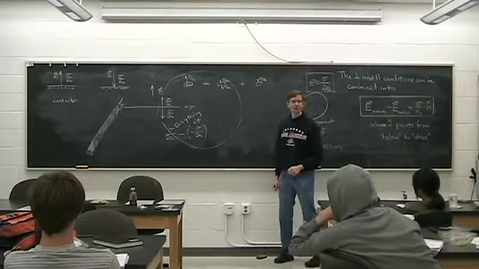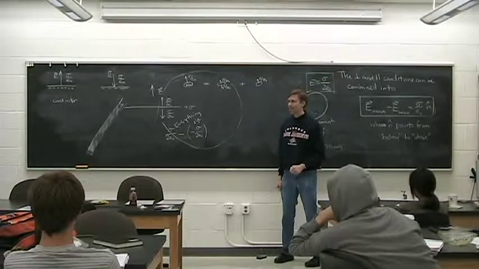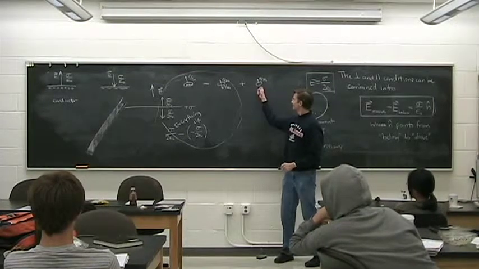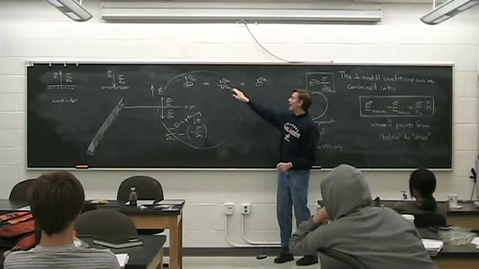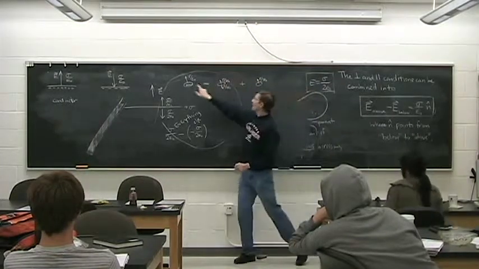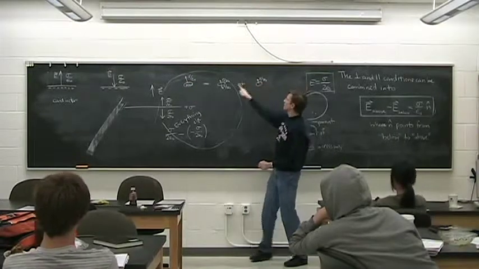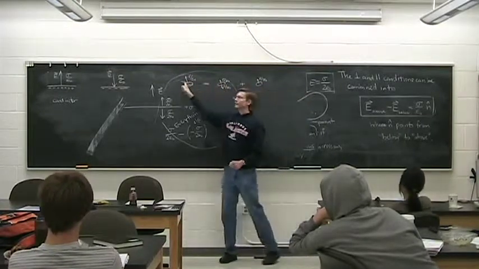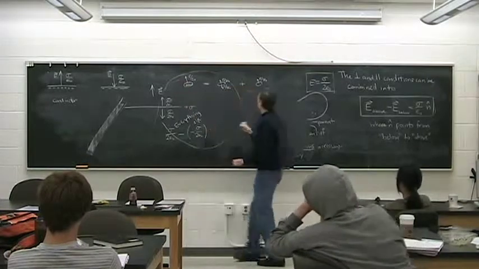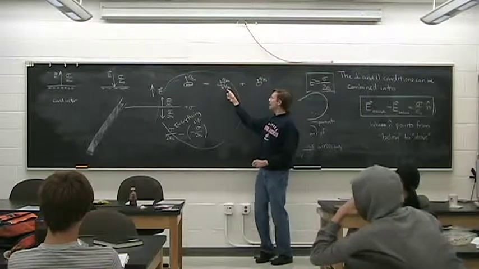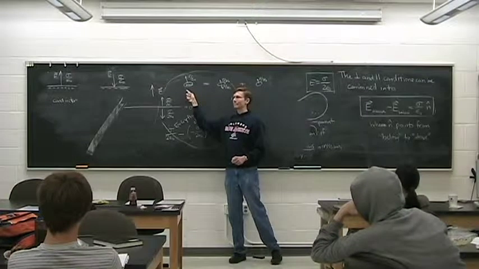What about just below the patch? Up or down? So above the patch, this plus this adds up to this. That works, right? Sigma over 2 epsilon naught up plus sigma over 2 epsilon naught up equals sigma over epsilon naught. So now, what plus sigma over 2 epsilon naught down gives 0?